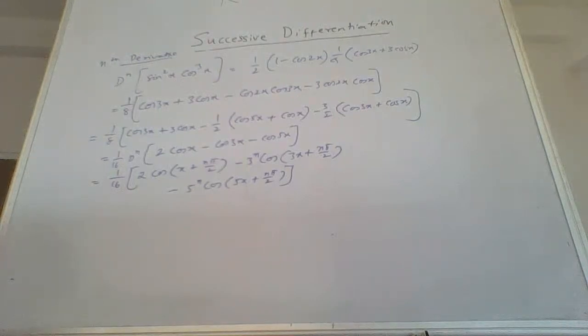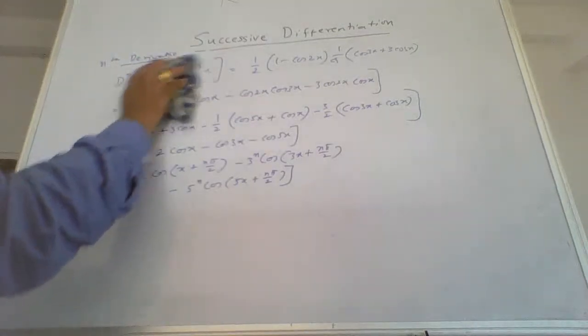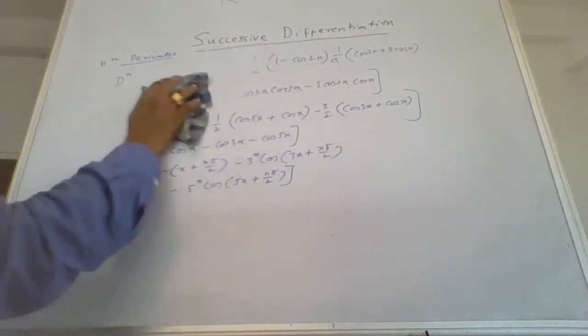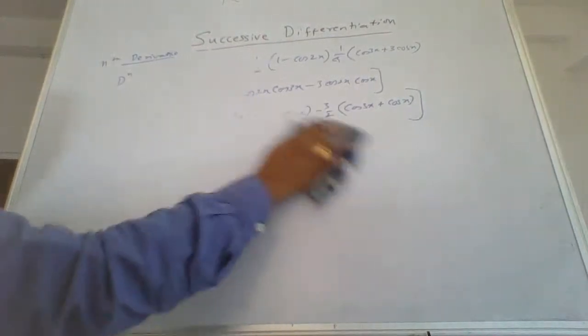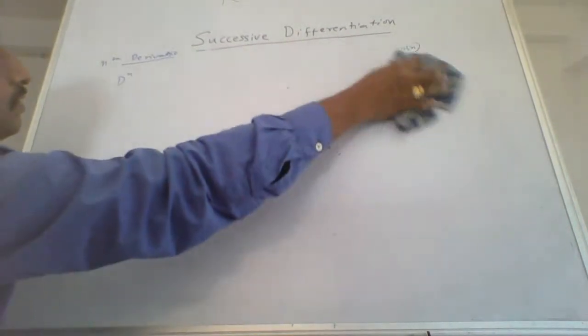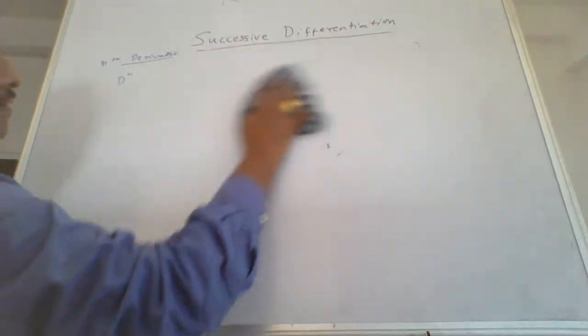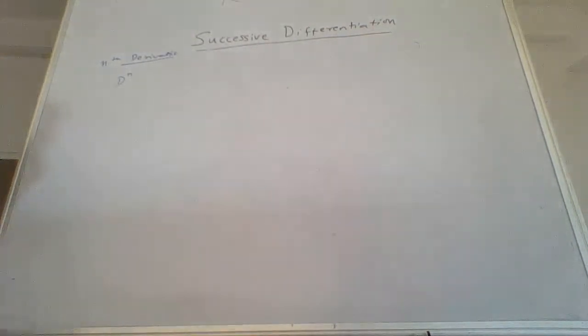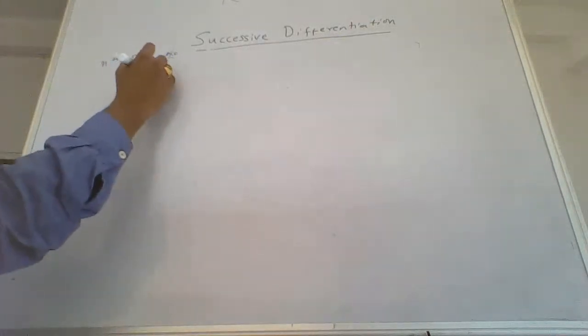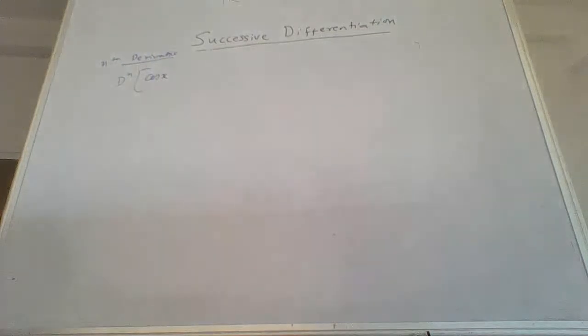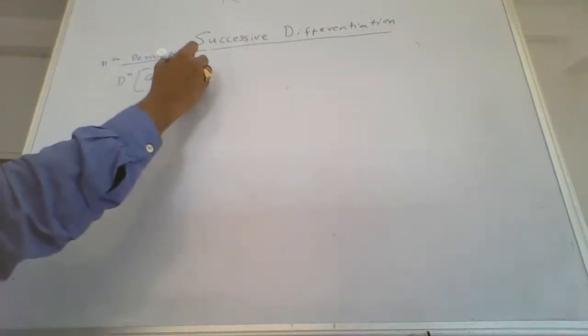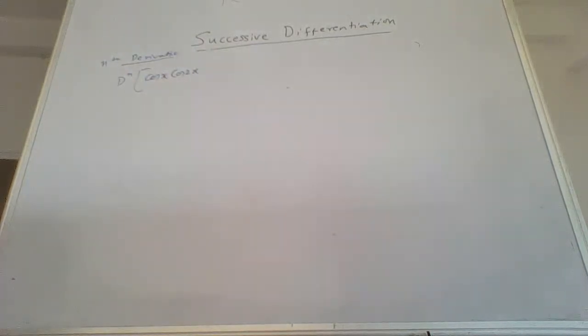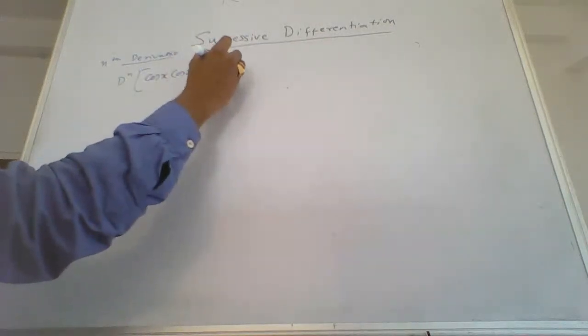Okay, let us try to solve another problem. Suppose I have the nth derivative of cos x into cos 2x into cos 3x.